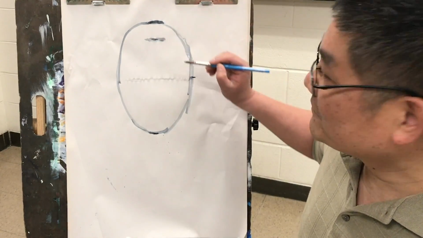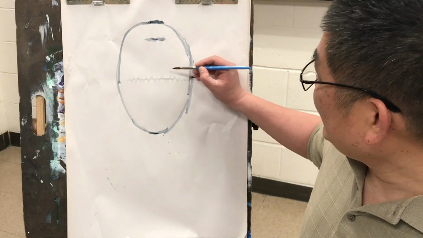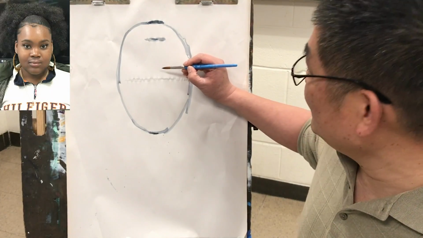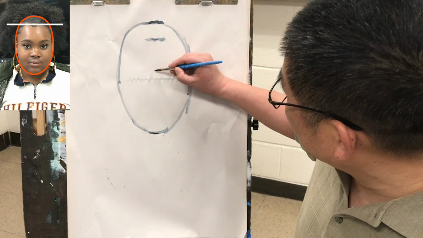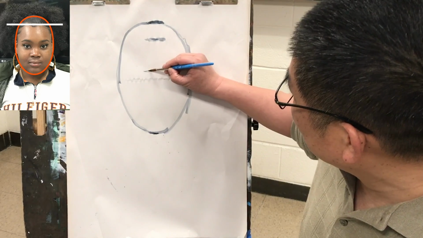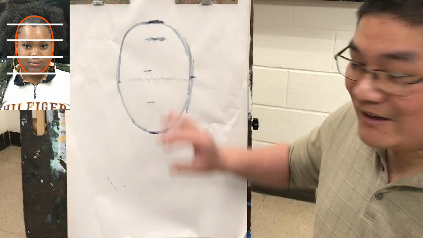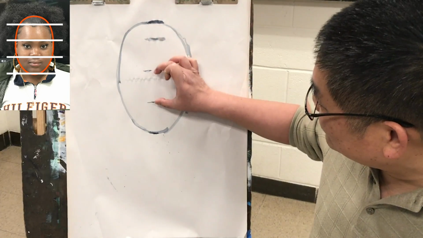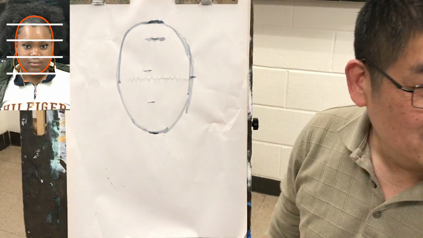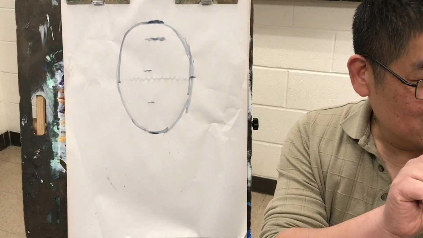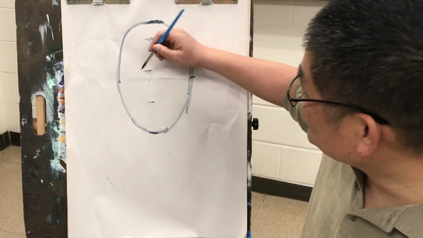From the hairline, if you get it correctly, divide it into 3: 1, 2, 3. You see that? It should be 1, 2, 3, the same distance. And what is the first one?